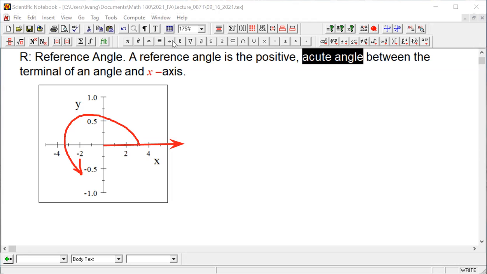And this is my terminal. Now, I hope you have got the hang of it, but tell me, if this angle is A, what will be the reference angle for angle A?